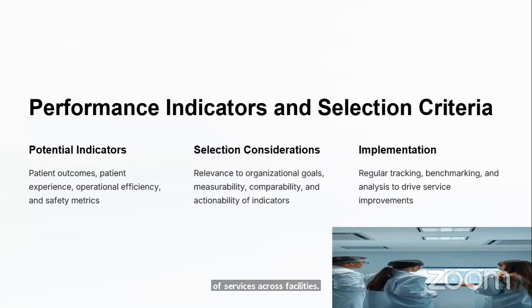Now, the other point, like we said, is actionability, right? So basically what they are referring to is that indicators should be able to provide actionable insights so that it will give us a way to see how we can improve from our existing services.